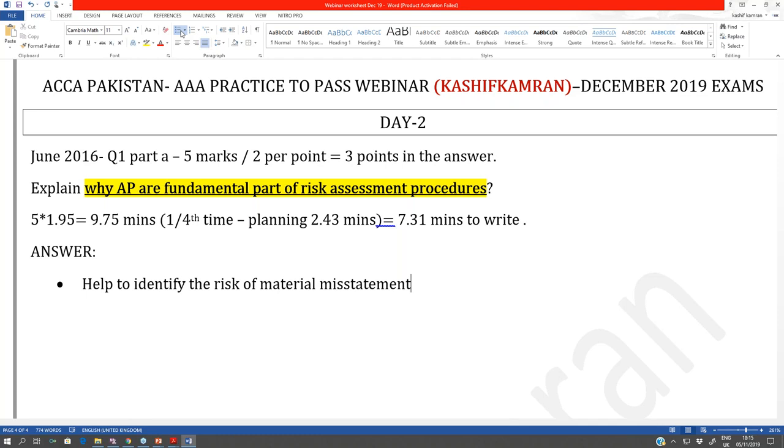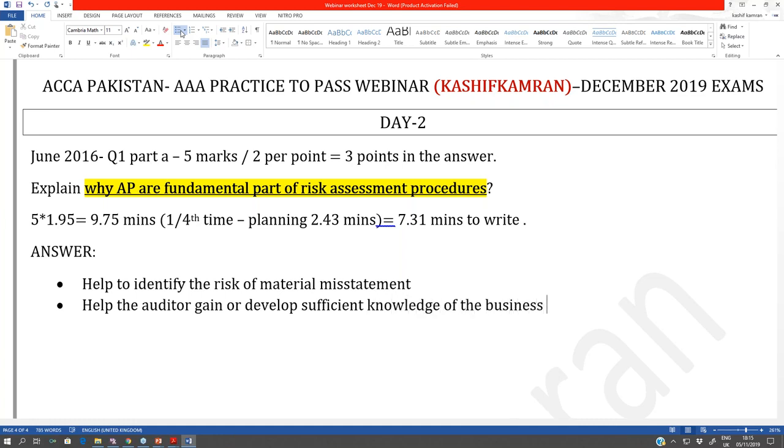Number two, why are analytical procedures a fundamental part of risk assessment procedures? Because they help the auditor gain or develop sufficient knowledge of the business.